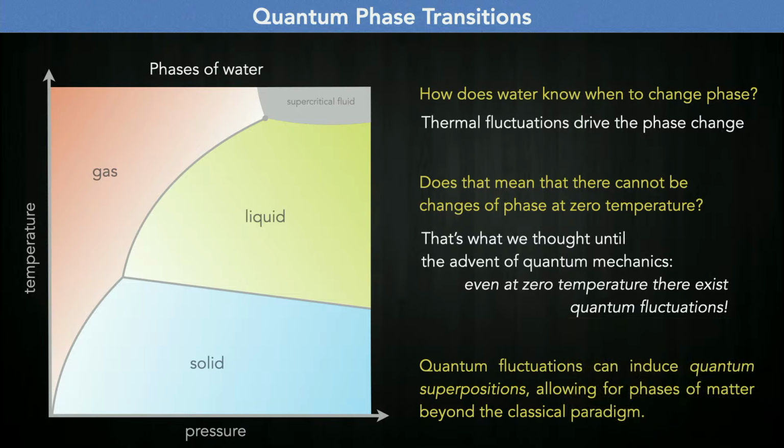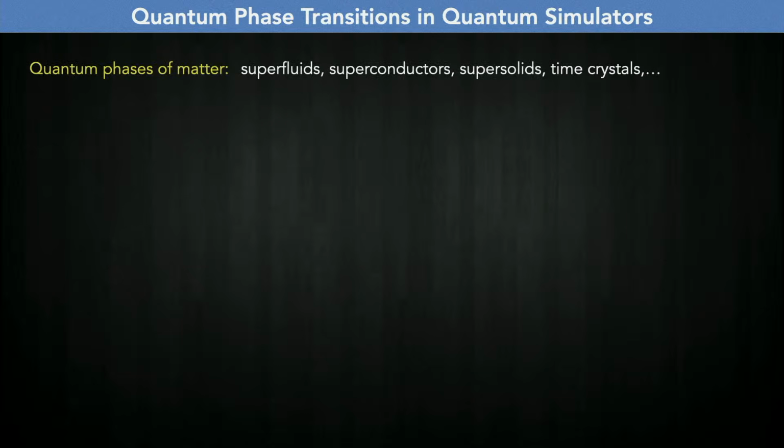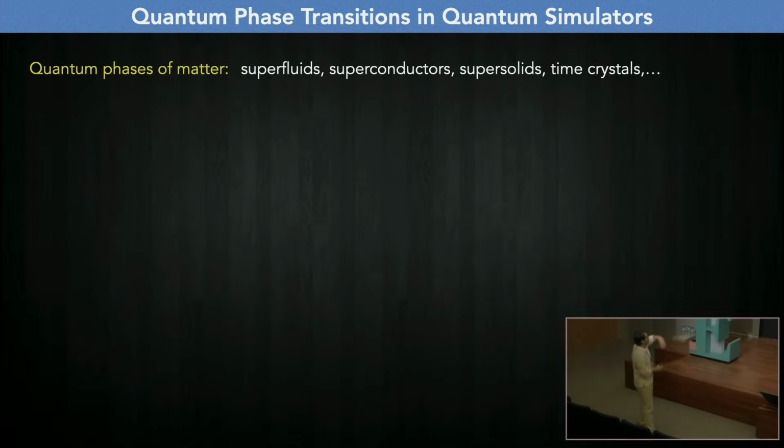So if you take anything away from this talk, I hope it's this idea of what quantum phase transitions are, okay? And I give you just a bunch of quantum phases of matter induced by phase transitions driven by quantum fluctuations. You probably know all the names by now, or most of them for sure.